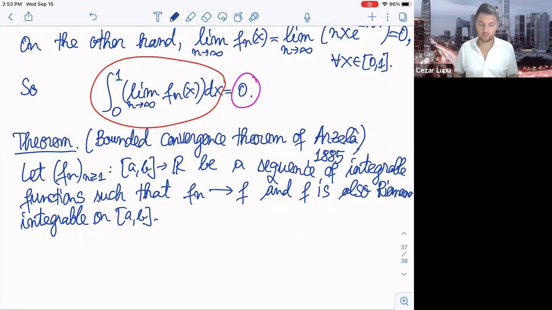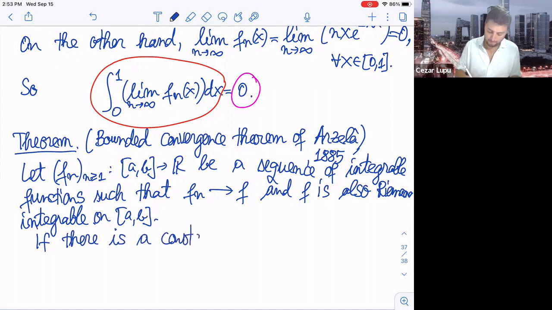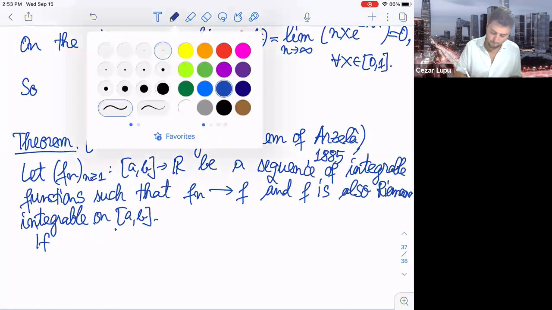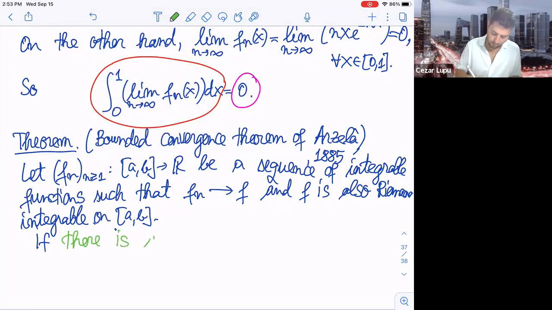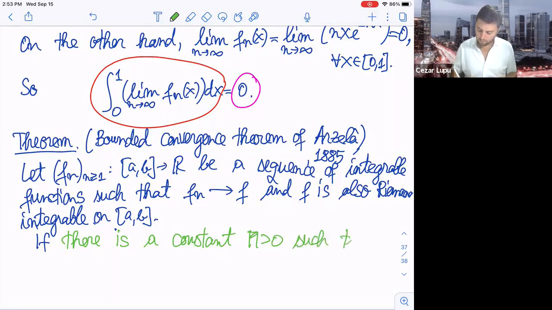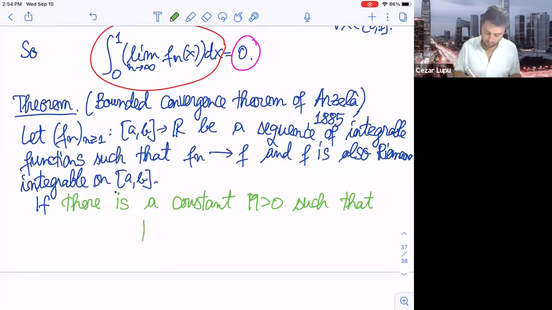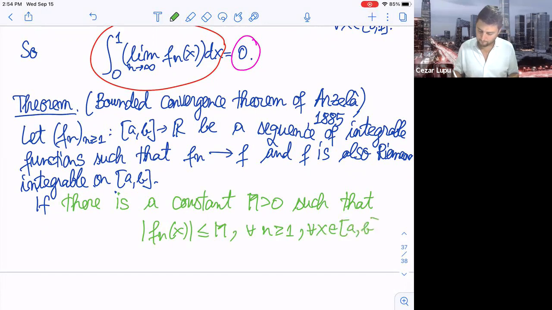But now here comes the extra condition. If there exists a constant, let's just say M, a positive constant such that Fn of x in absolute value is less than or equal to this constant for all n and for all x, right?